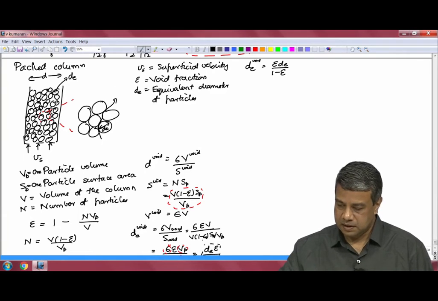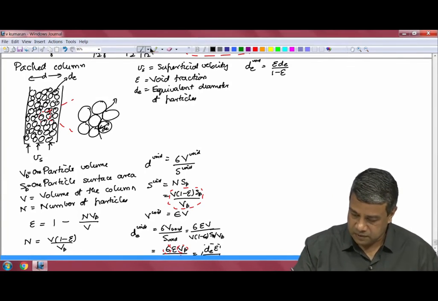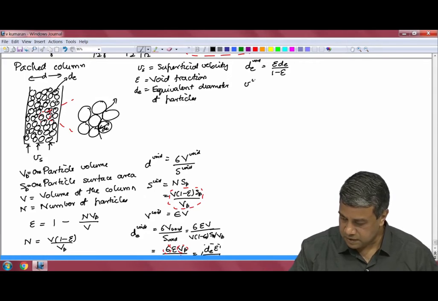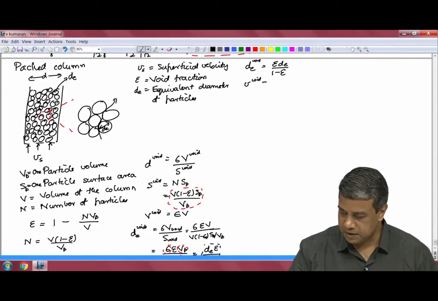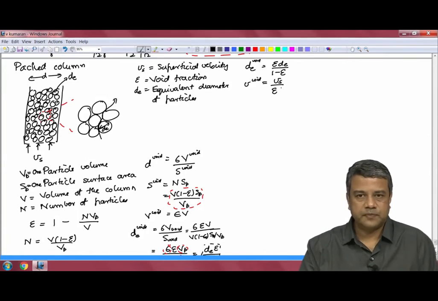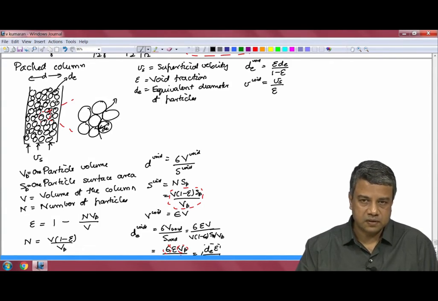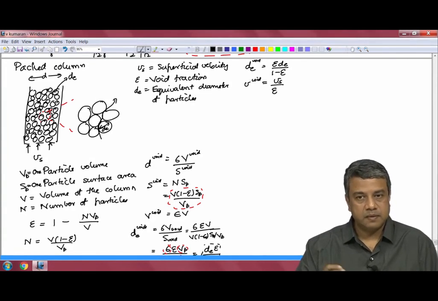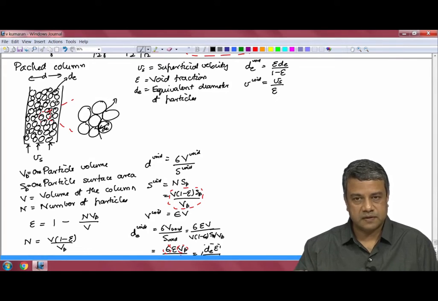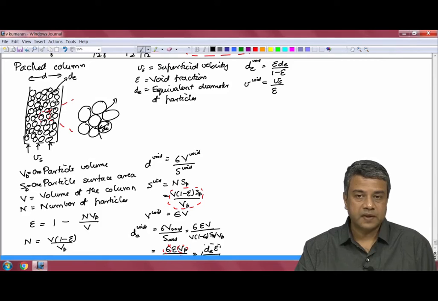And the velocity scale for the flow through the voids, V voids, will be equal to Vs divided by epsilon. Because the volume of voids divided by total volume is equal to epsilon, the velocity of the fluid through the voids will be equal to the superficial velocity Vs divided by epsilon, because that is the velocity with which the fluid has to flow through the voids.